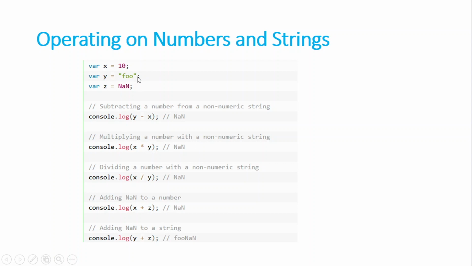If it was just, let's say, 30 in double quotes, then it can convert that 30 from string to number and perform the operation. But in this case it cannot convert foo because it is a word, not a number. So this is the case. You can see all of them are returning the wrong result.